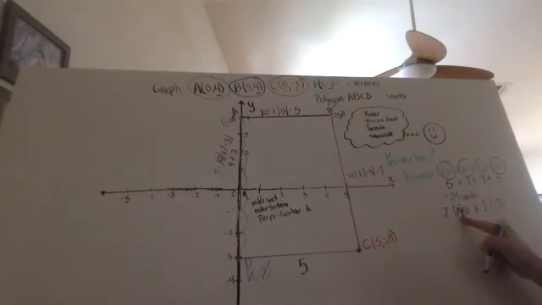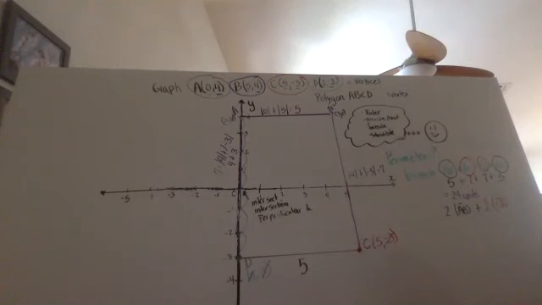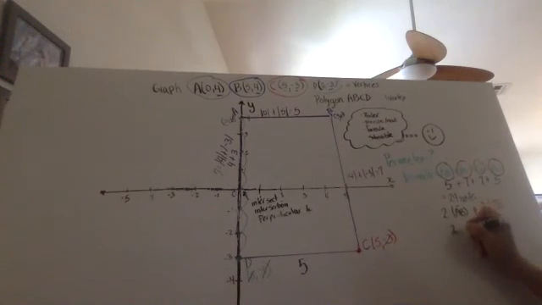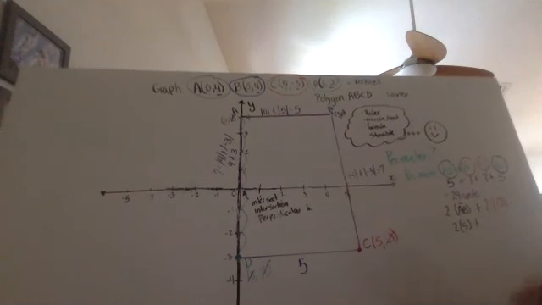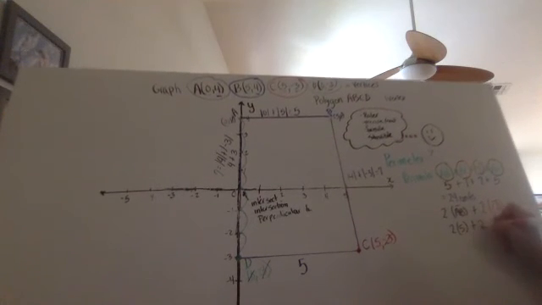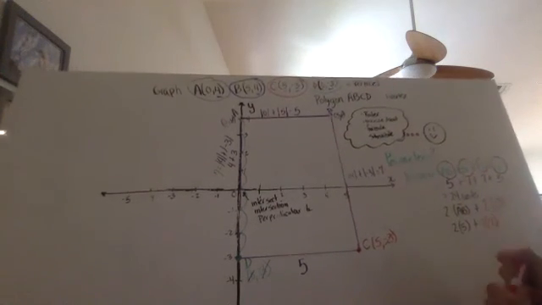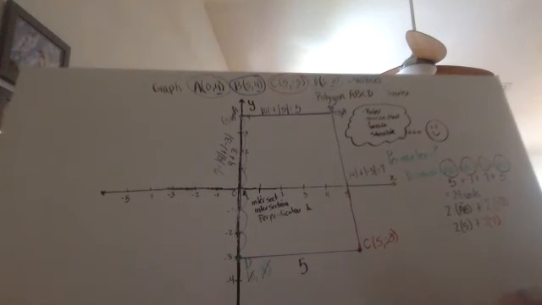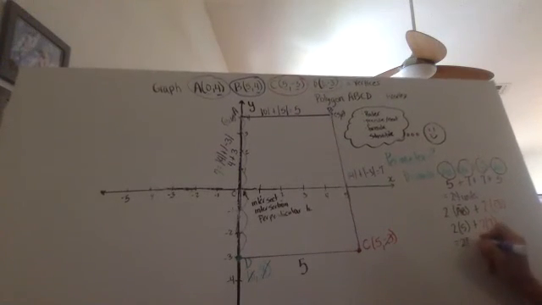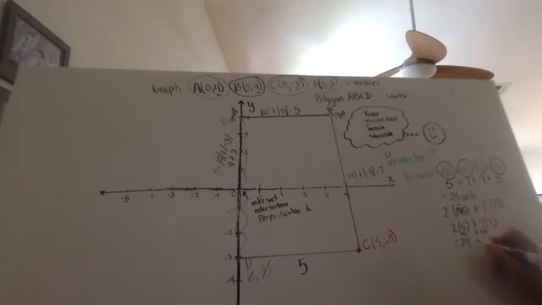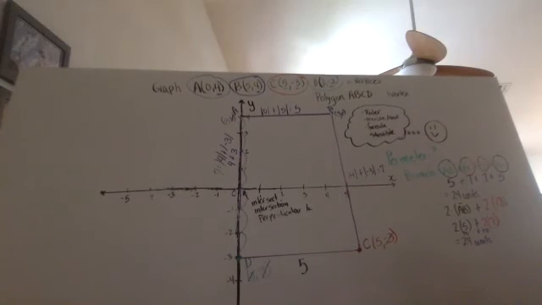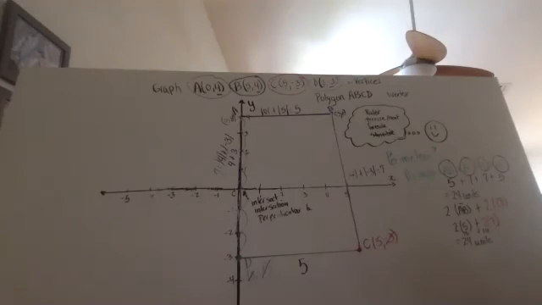So 2 times the length of AB and 2 times the length of CD, or 2 times 5 and 2 times 7 is still going to give me 24 units. 10 plus 14. This is 10, this is 14, and it gives me 24 units. And that is how you do number 1.